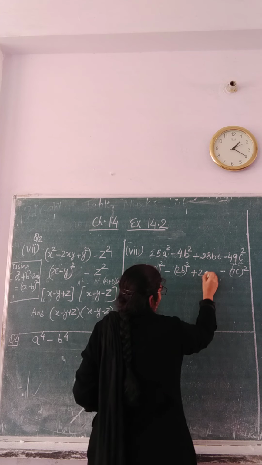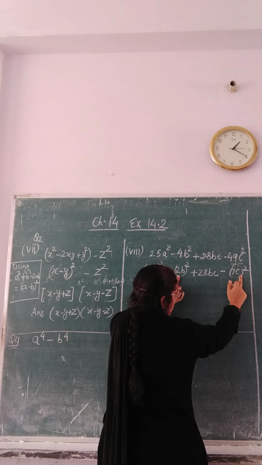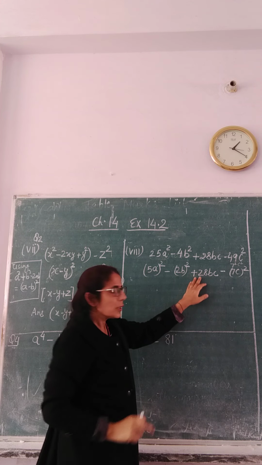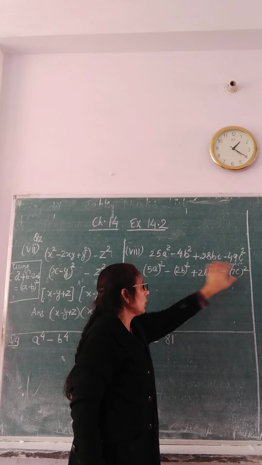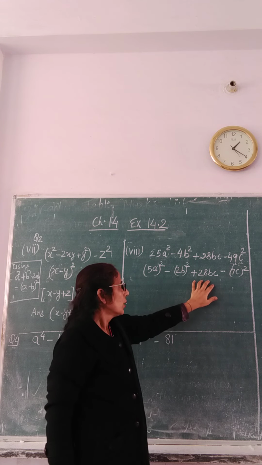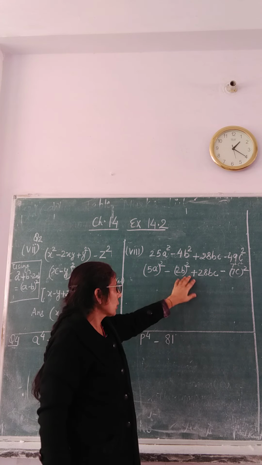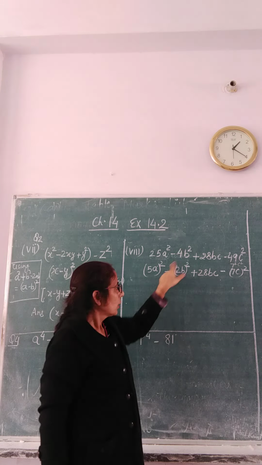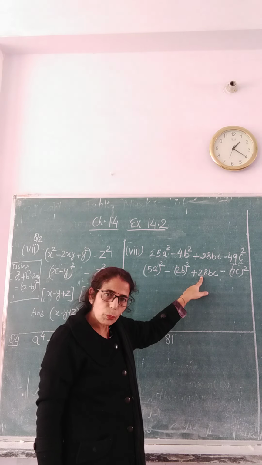And this is plus 28bc. Something b square, something c square, and it is bc. It means here we can use some identity. But we do not have this kind of formula where the squares have negative signs and the term without a square has a positive sign.